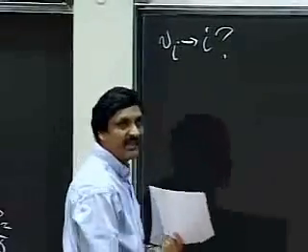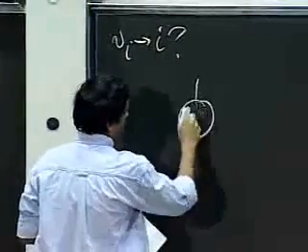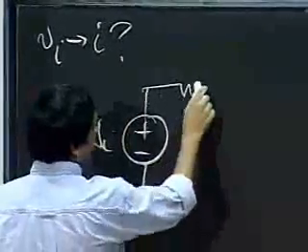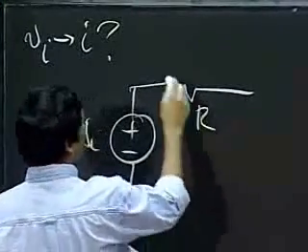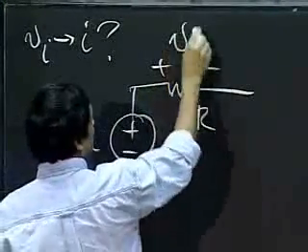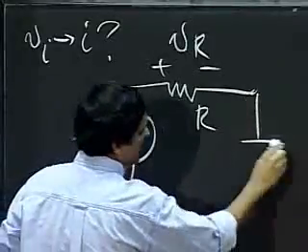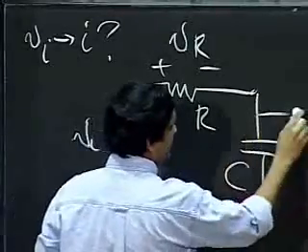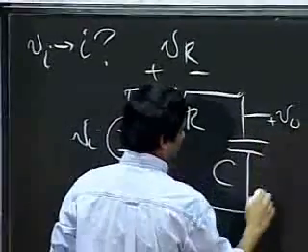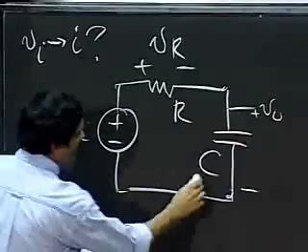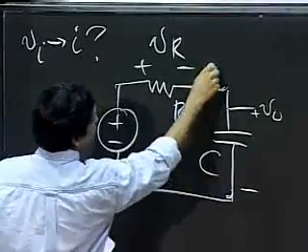Well, let's take a stab at it. Here's my VI. Let's take a resistor R. And remember, I need to stick the capacitor here. So I have some current I here.